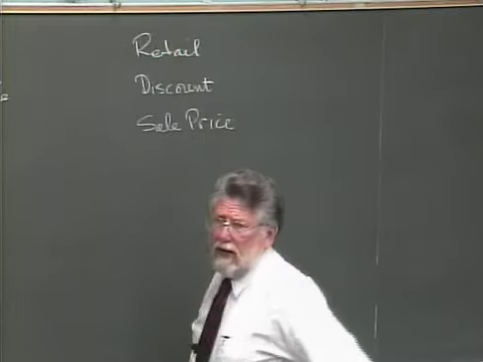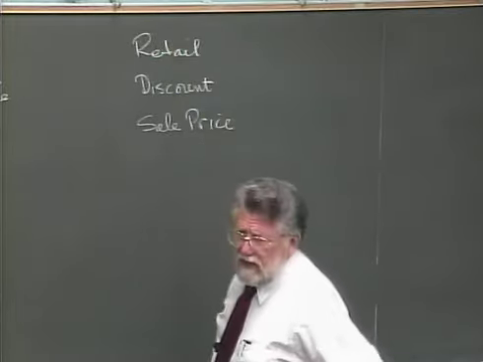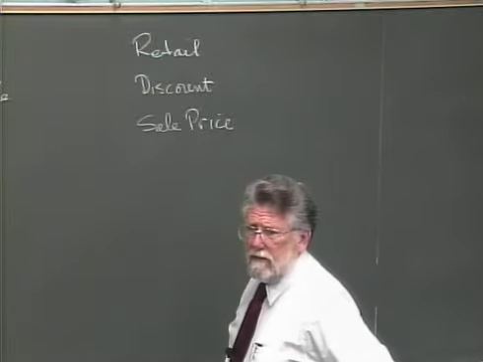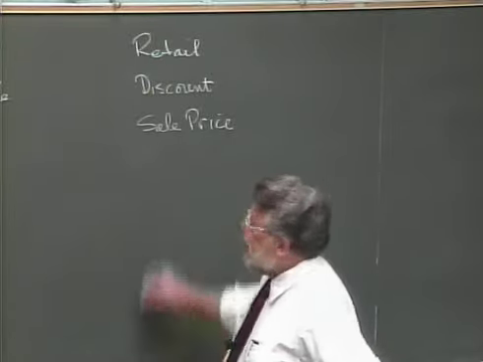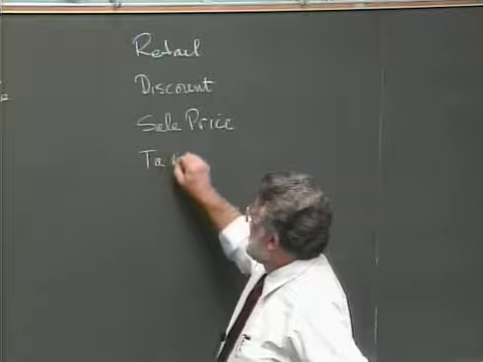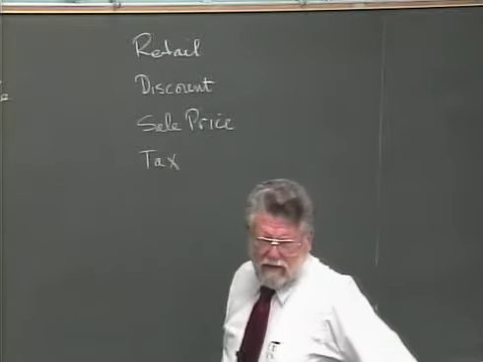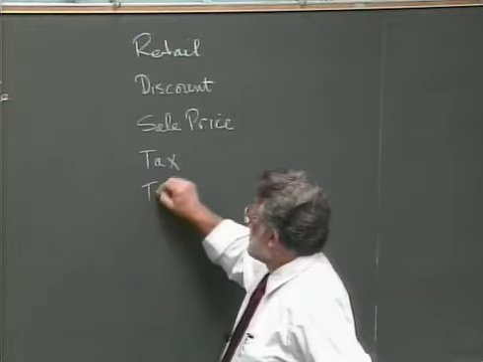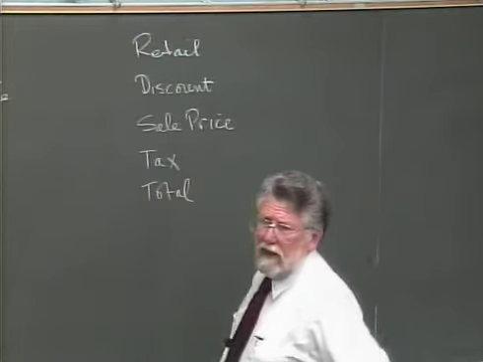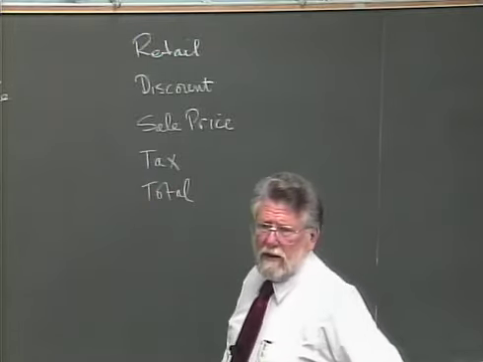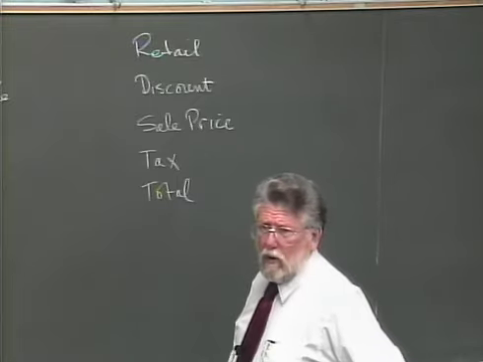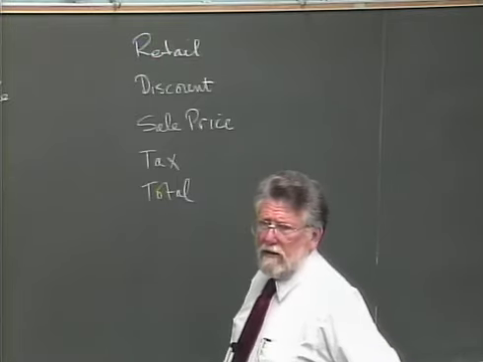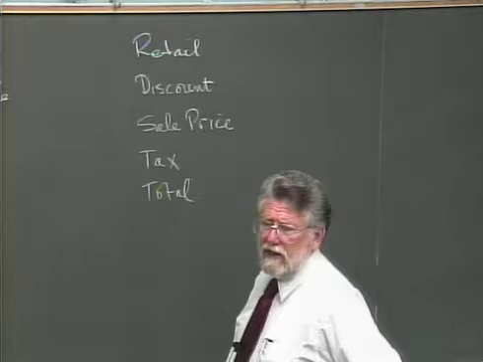And then you're going for what? The discount, the sales price, then what? The tax that you pay, and then what you call the final price? Yeah, your total, on the invoice you're writing up, the total you're paying on it. This is out the door. Retail, discount, sale price, tax, and total.